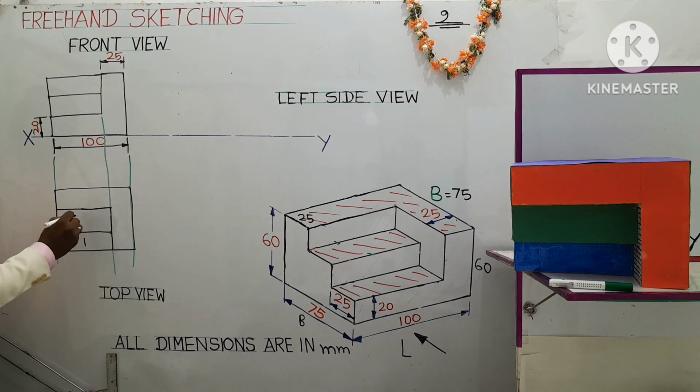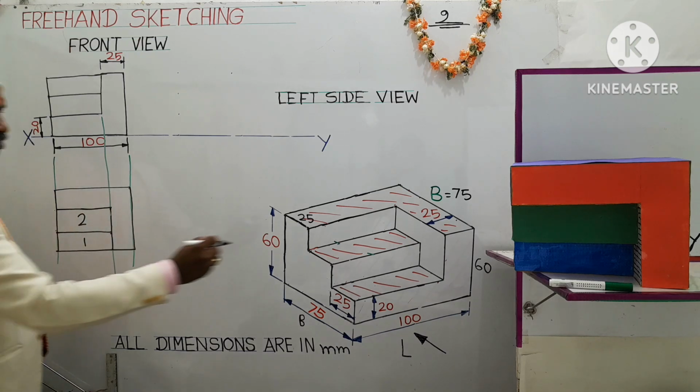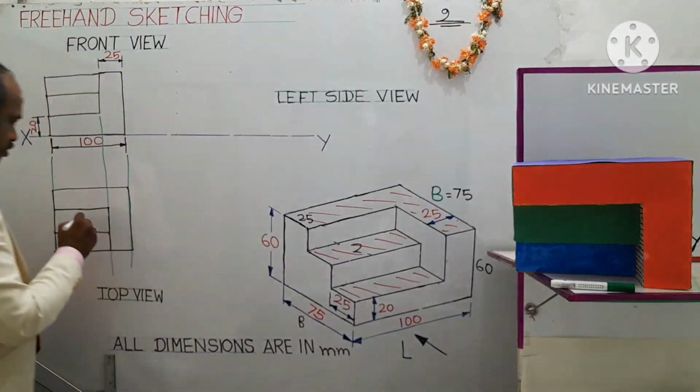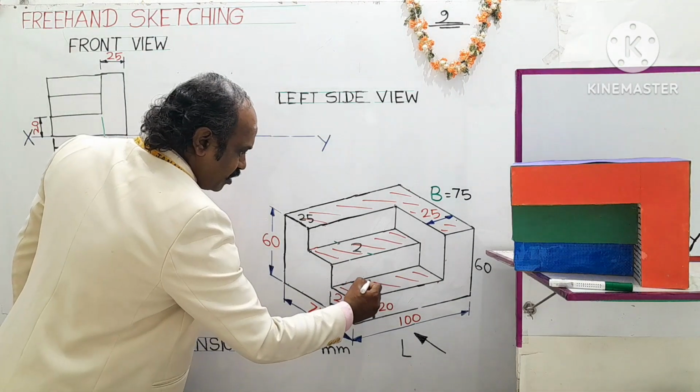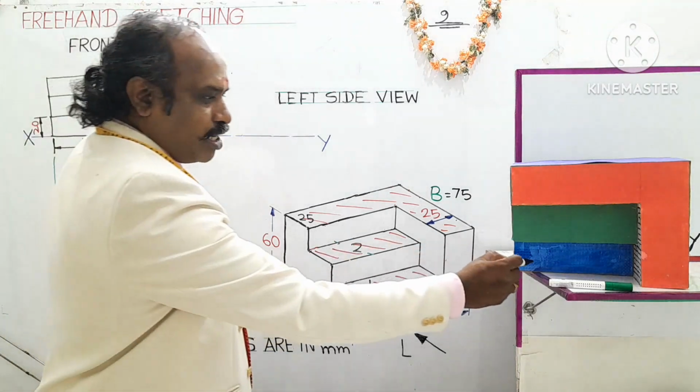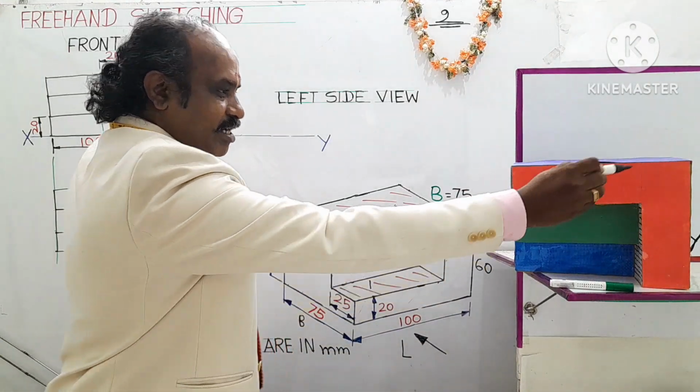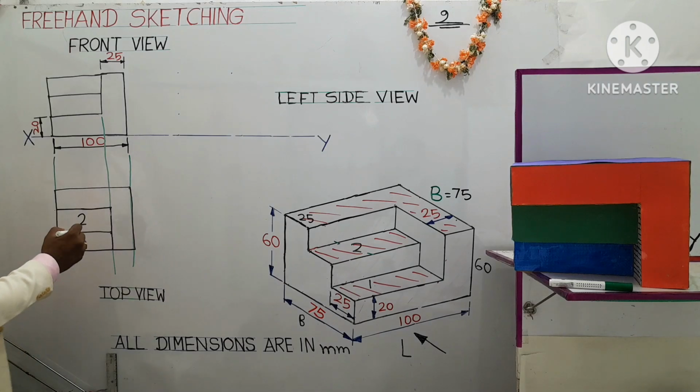Okay, this will be the breadth of step 2. This portion denotes this 2. This 1 is the breadth of step 1. That is this blue color, green color and red color. This is the blue color, green color and this is the red color.